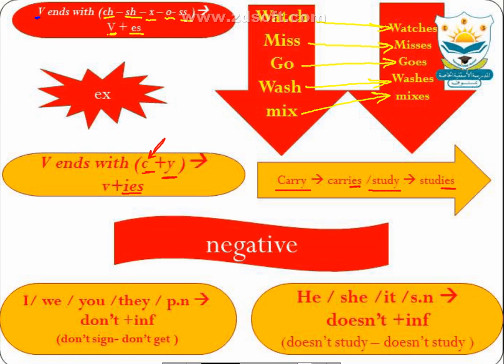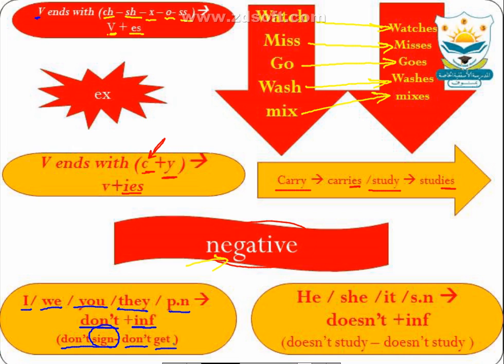Okay? Now negative. What is the rule? The rule is, if the subject is I, we, you, they, plural noun, we use don't plus infinitive. For example, don't sign. Here we put the verb in infinitive.